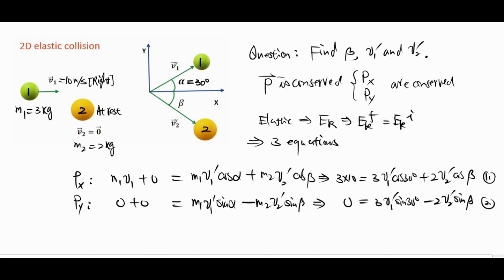The third equation: before and after collision, kinetic energy remains the same, does not change. In the middle, they may not be the same. So we can write down the initial kinetic energy. Only ball 1 has kinetic energy. After collision, both balls are moving, both have kinetic energy.